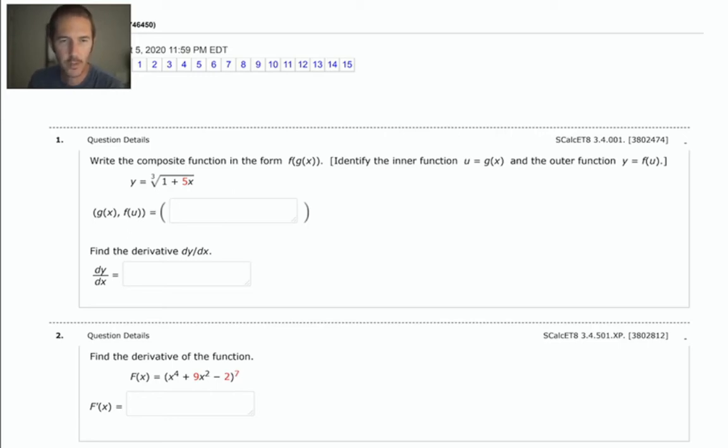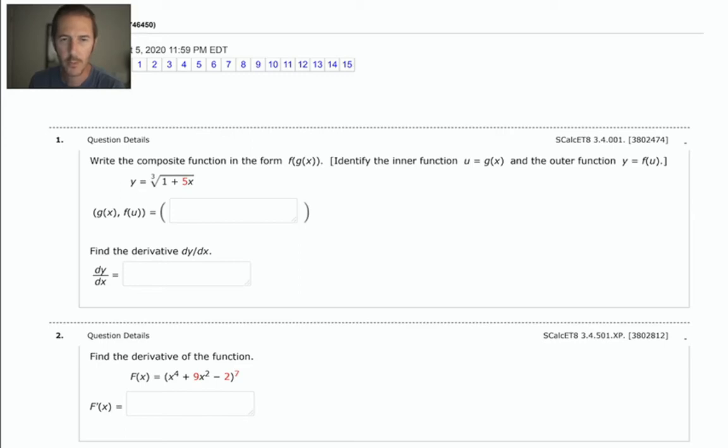Number 1 is asking us to write the composite function in the form f of g of x, identifying the inner function as g of x and the outer function as f of u. So this will be interesting.